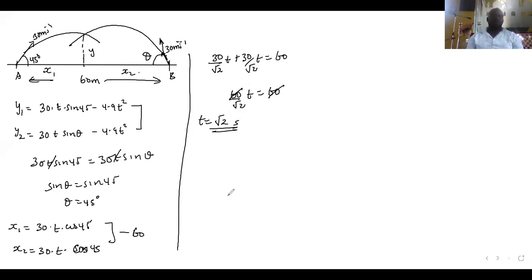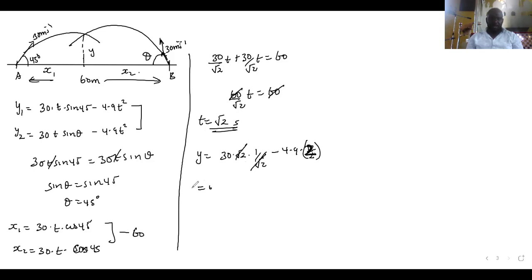Substitute in any of the equations and find the vertical displacement where they collide. So y is equal to 30 times root 2 times 1 over root 2 (sine of 45) minus 4.9 times 1 over 2. Because when you square root 2, you get 2. So the root 2 here can vanish.